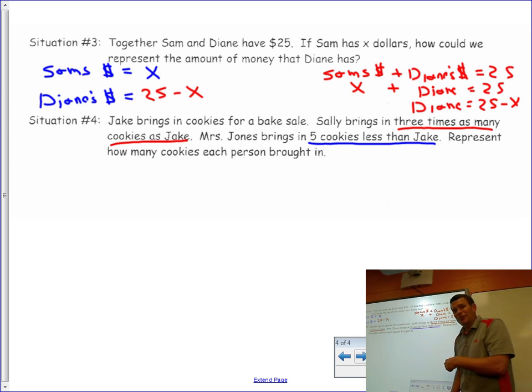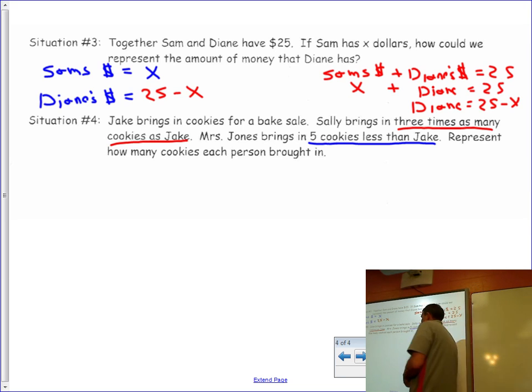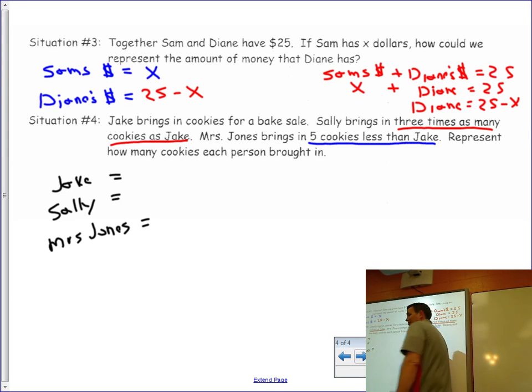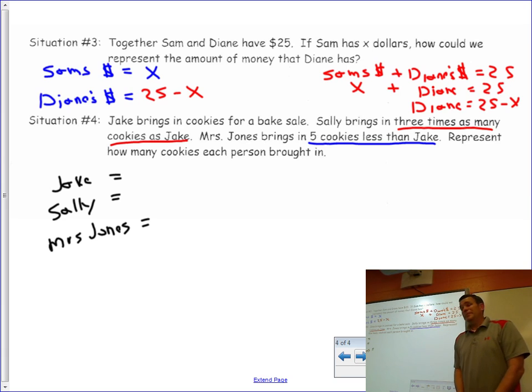So first I'm going to want to write down the 3 people. Now the question is, which of these 3 people should I just use x for, my single variable?